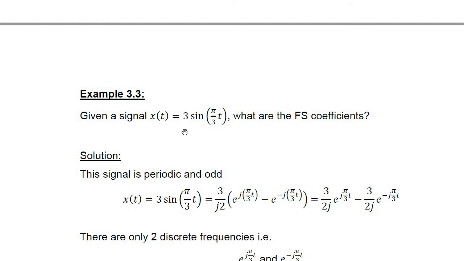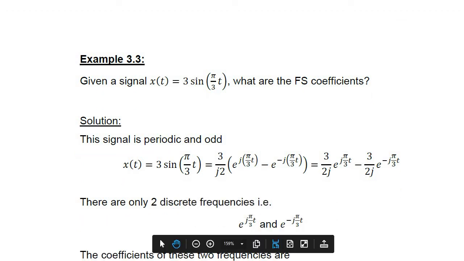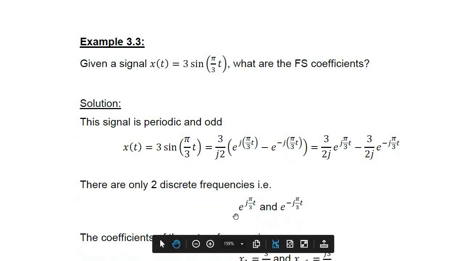This is example 3.2, and this one is example 3.3. It's still the same: you use the exponential to substitute in the sine. So you obtain these two discrete frequencies.